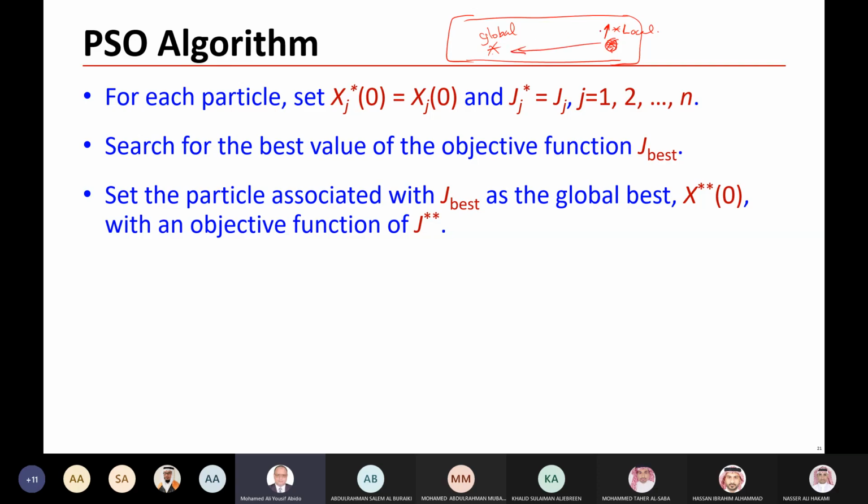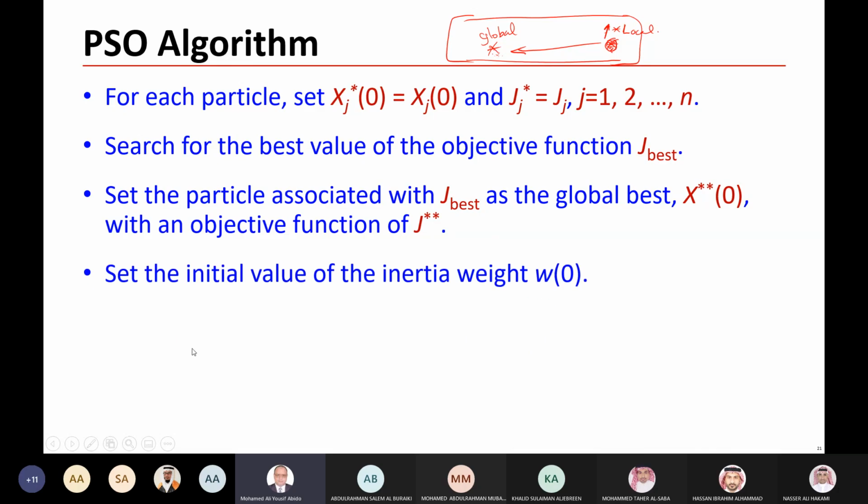So it will look at the cognitive part, its own experience, and also it tries to adjust itself towards the global best, which is the social part. So you have to keep local best and the global best defined here. So we define here local bests and the global best as such.